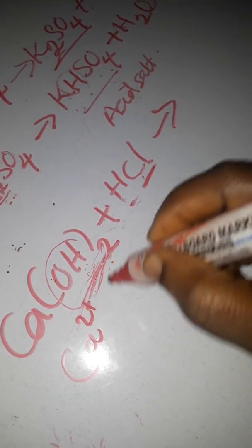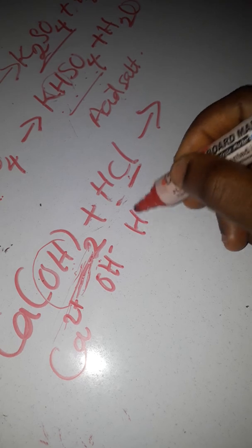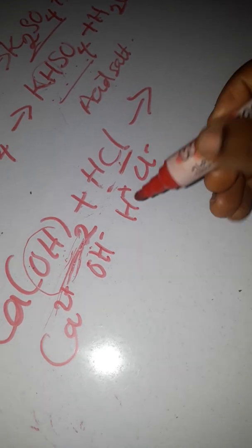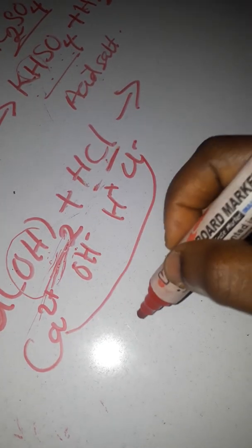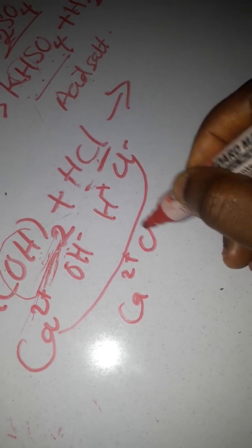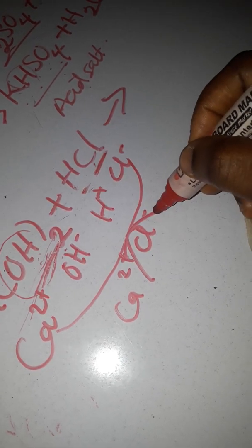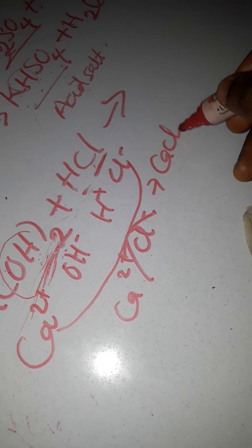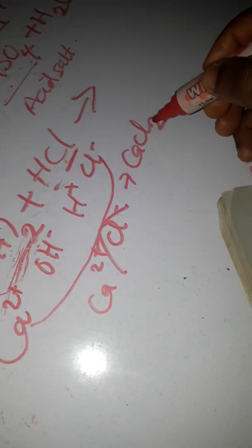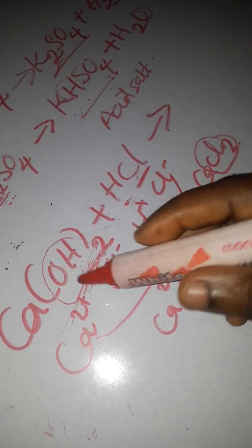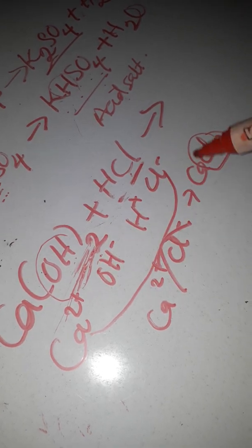Now let's split this. This is supposed to combine with this to form calcium chloride, but instead of 2 chlorine replacing the hydroxyl here, only one of the chlorine will replace it.